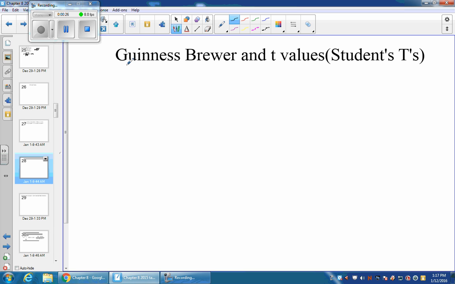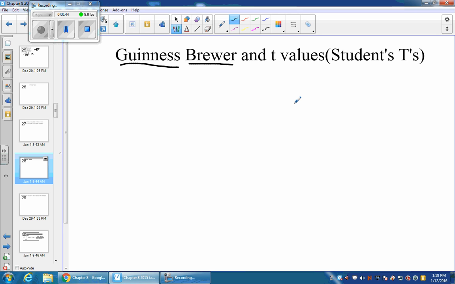Now, a long time ago, there was a Guinness brewer, and he was brewing some beer, and he wanted to be really scientific about it. He wanted to get the best beer possible. And so he was doing samples and samples and samples and taking very meticulous notes.